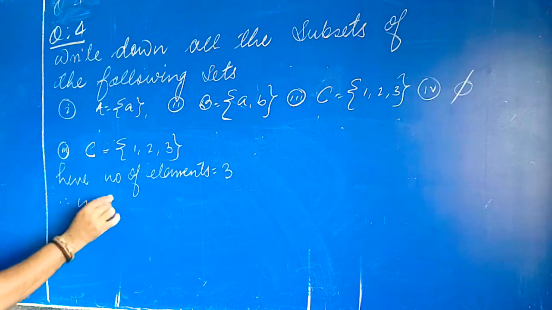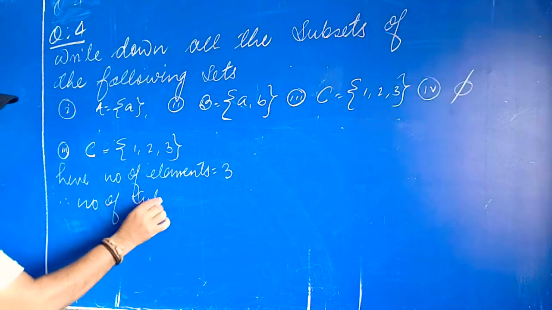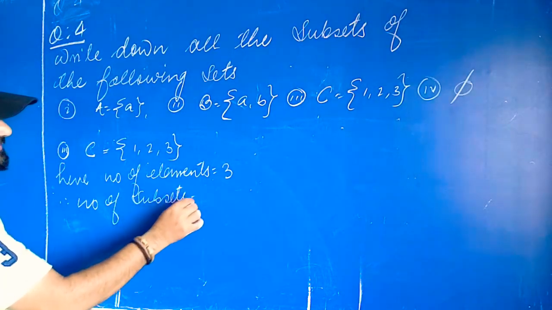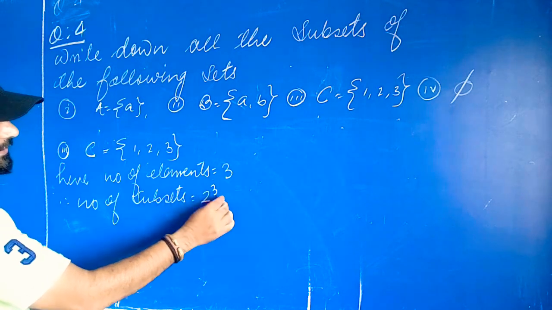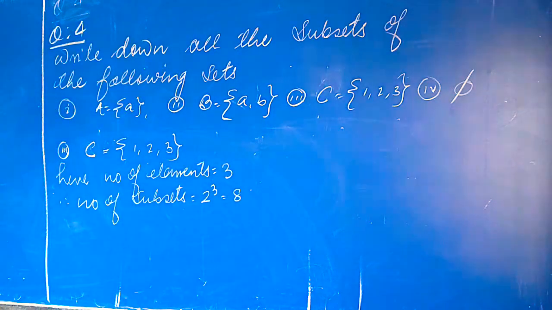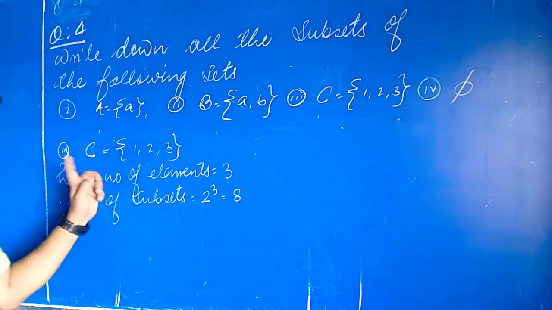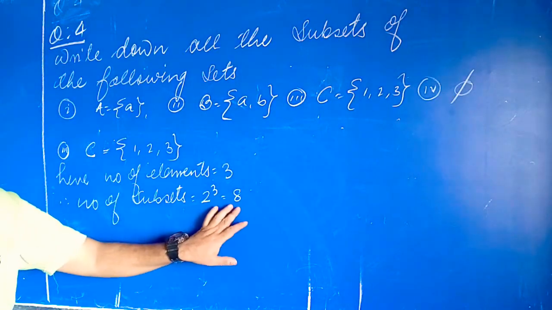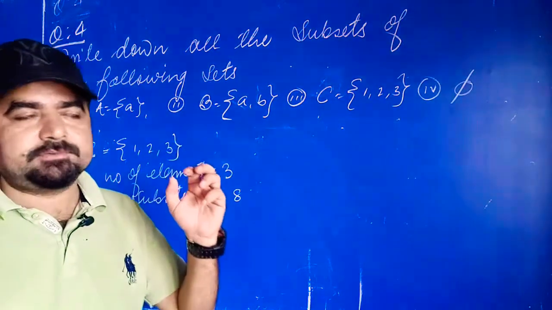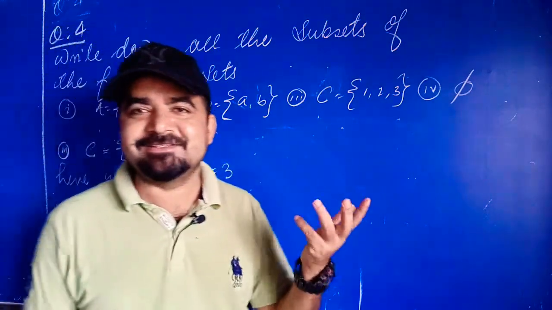Therefore, number of subsets is equal to 2 to the power 3. 2 to the power 3 is 8. So set C will have 8 subsets. How many subsets? 8. Alright, and let us list them.